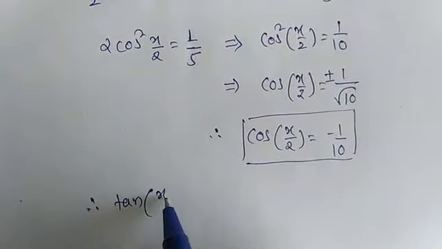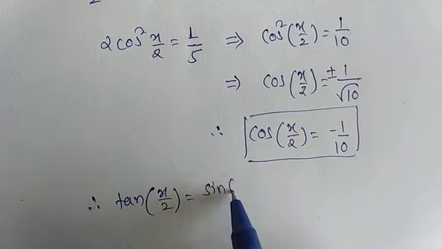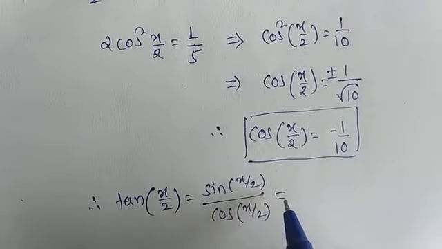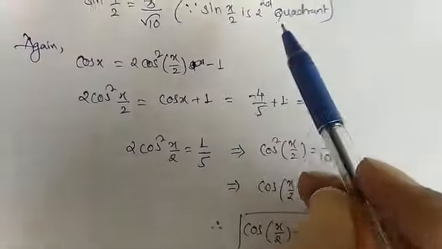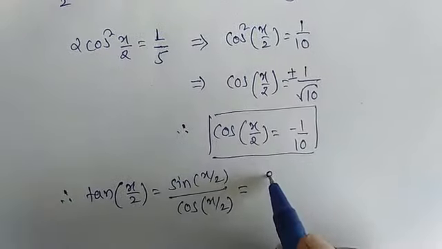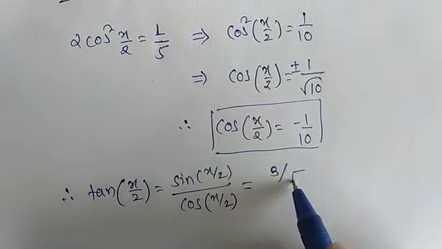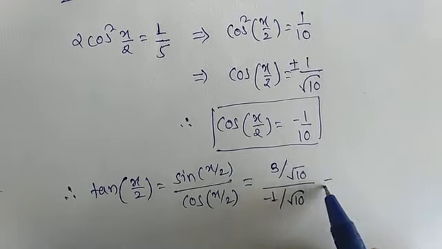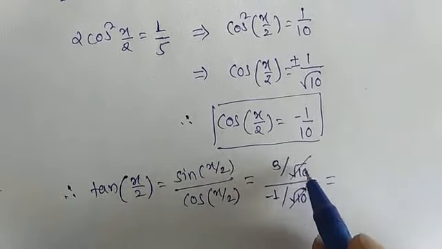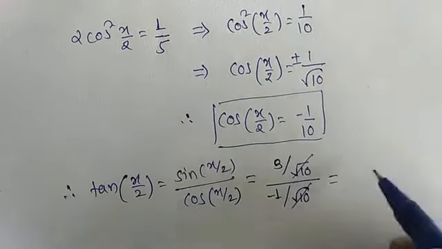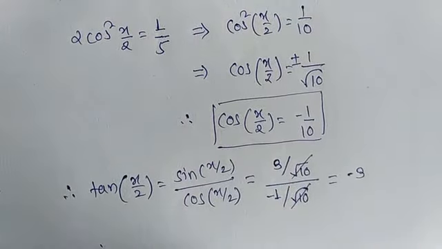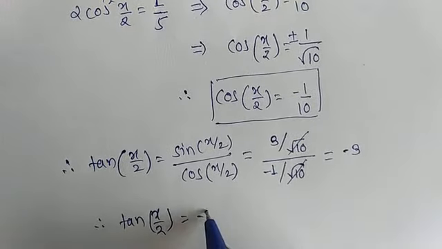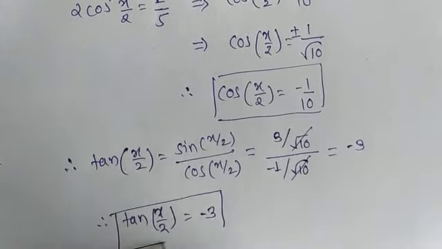Tan x by 2 is equal to sine x by 2 divided by cos x by 2, which is 3 upon root 10 divided by minus 1 upon root 10. Here the root 10 in numerator and denominator is the same, so only minus 3 remains. So tan of x by 2 is equal to minus 3, which is our required solution.